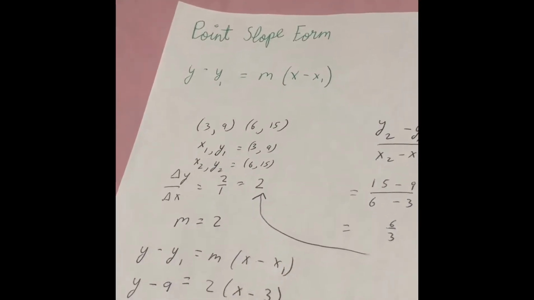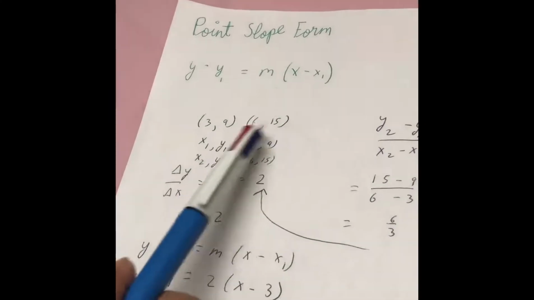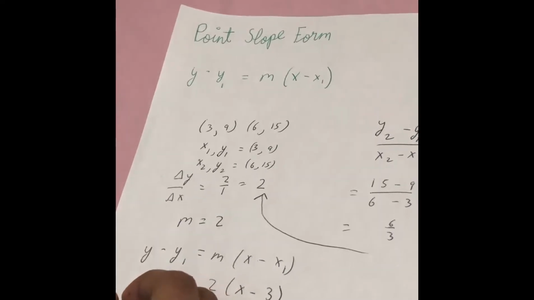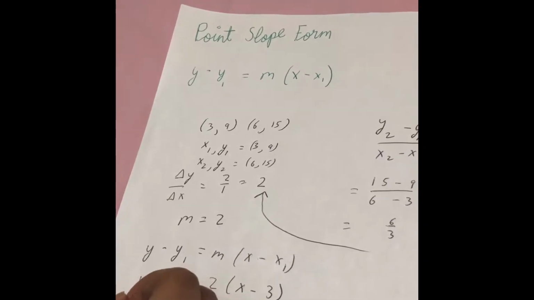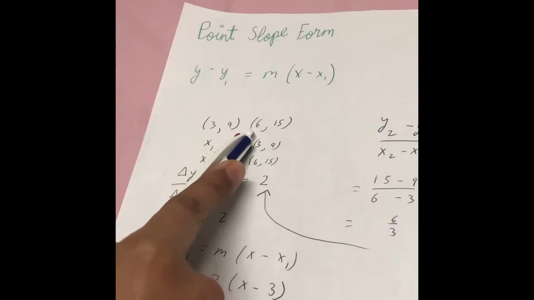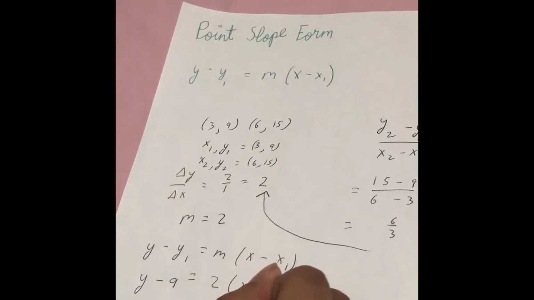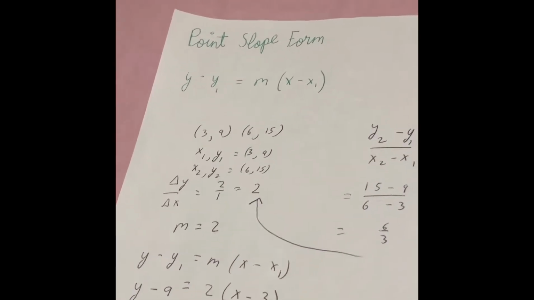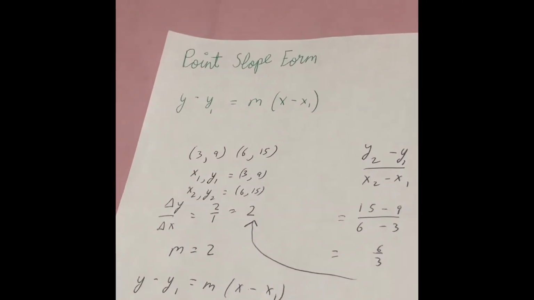So let's validate the equation to see if it's correct or not. Let's put 6 and 15 in the equation. Since 15 is the y value, we'll put it in the y's place: 15 subtract 9 equals 2, and since 6 is the x value, we'll put it here: 6 subtract 3. Let's do the parentheses first, because we learned GEMDAS and it says grouping symbols first, and since this is the only grouping symbol, we'll do this first.